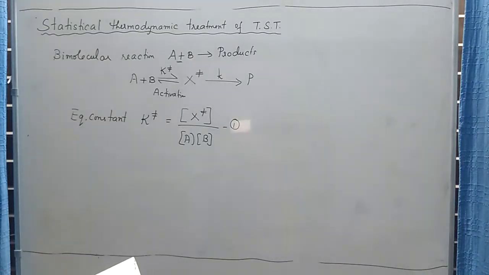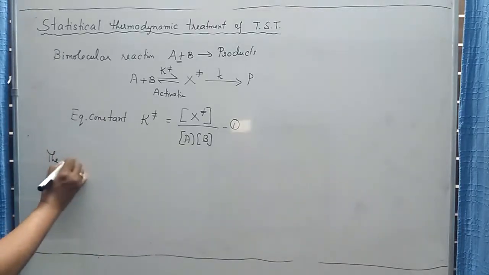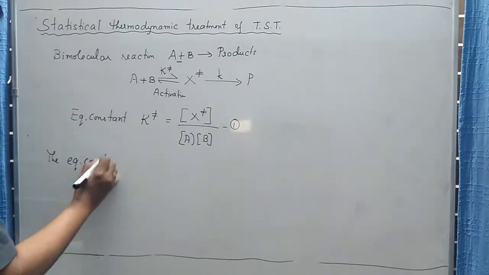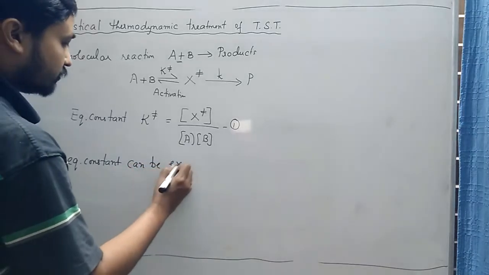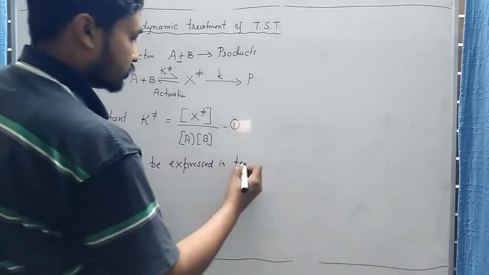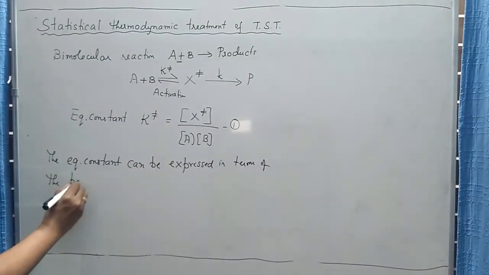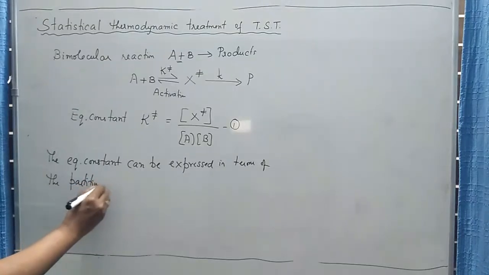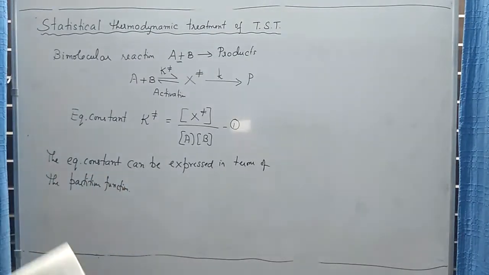We will not derive this equation again; we derived it in our previous semester, so we will directly use that expression. The equilibrium constant can be expressed in terms of the partition function.